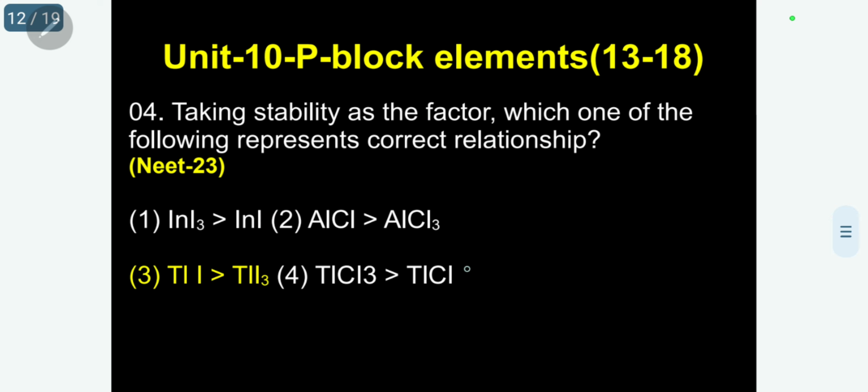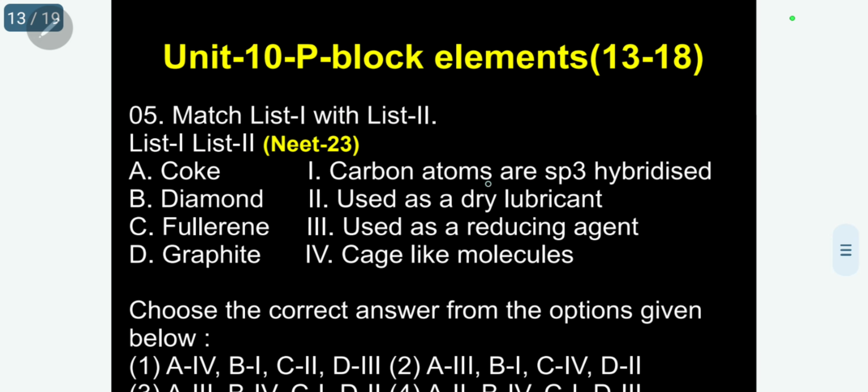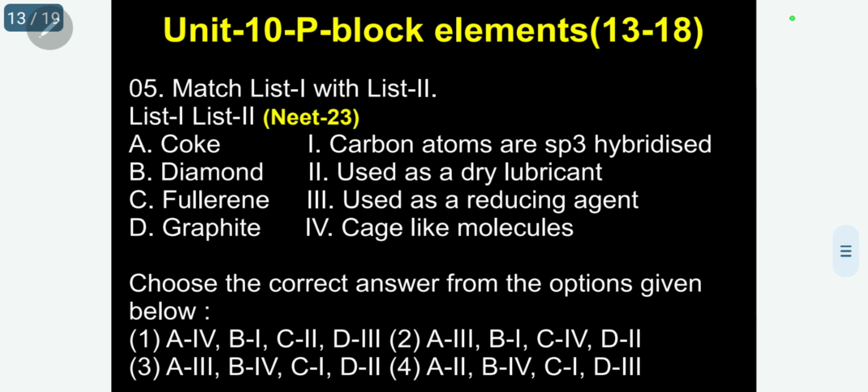Next question, question number 5. Match list 1 with list 2, that is NEET 23. This is list 1, this is list 2. Kindly follow, so we have to correlate properly.